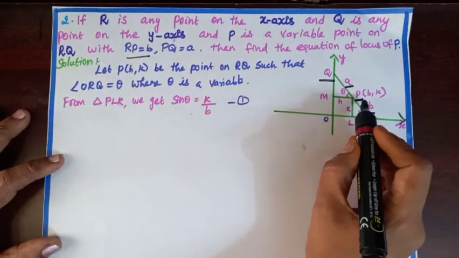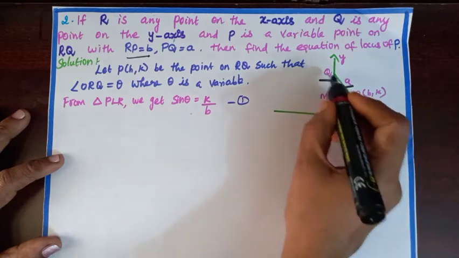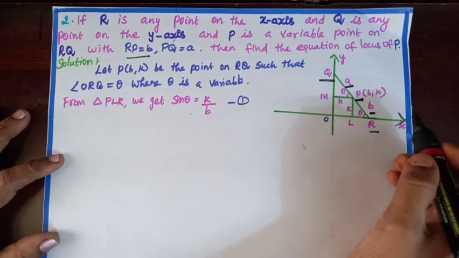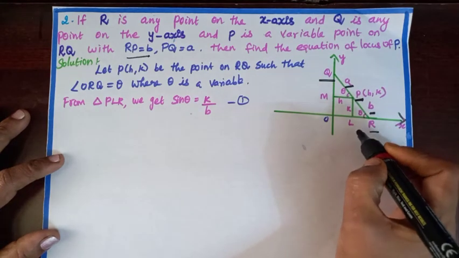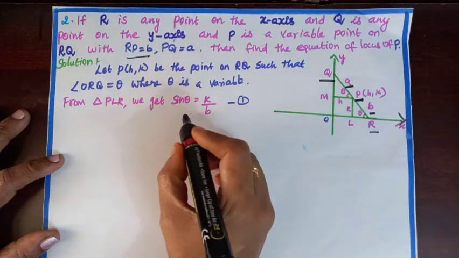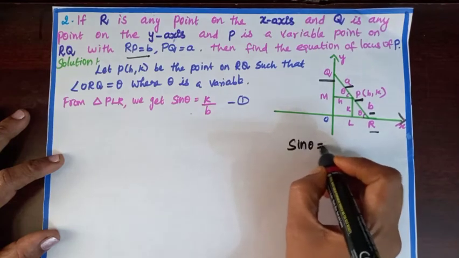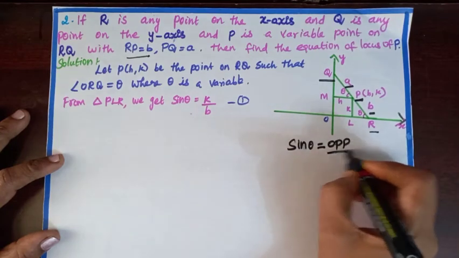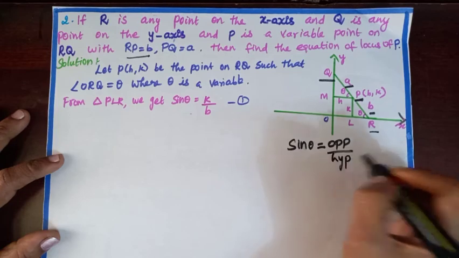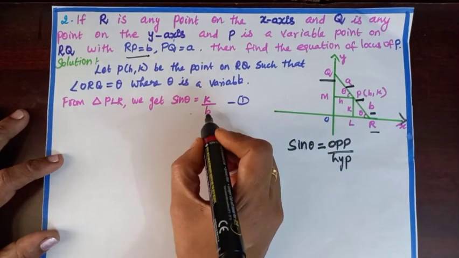Let P be (h, k), the point on RQ such that angle ORQ is theta, where theta is a variable. First consider triangle PLR. To find sin theta, we use the formula sin theta = opposite by hypotenuse. Opposite is k, hypotenuse is b, so sin theta = k/b.